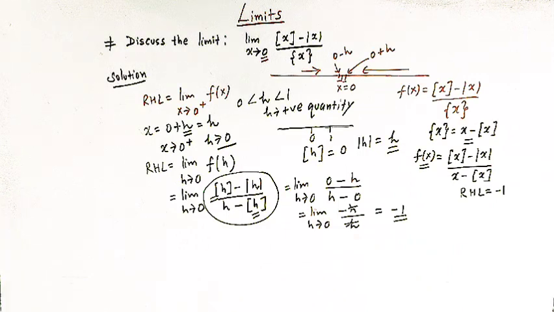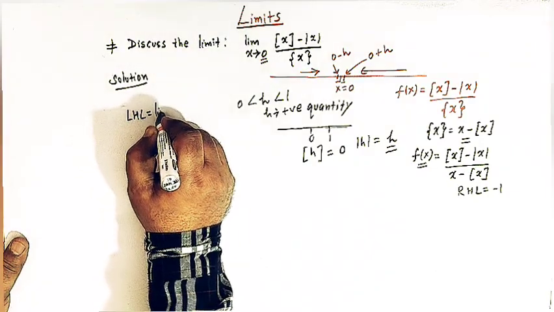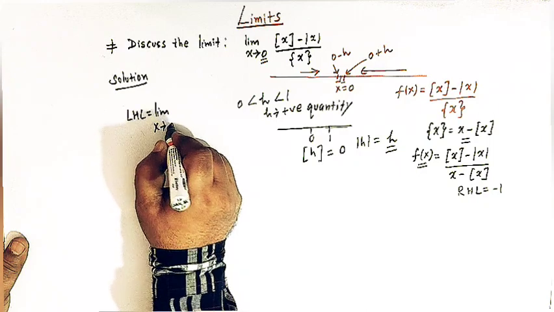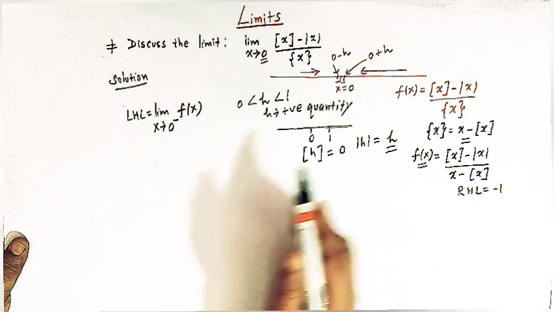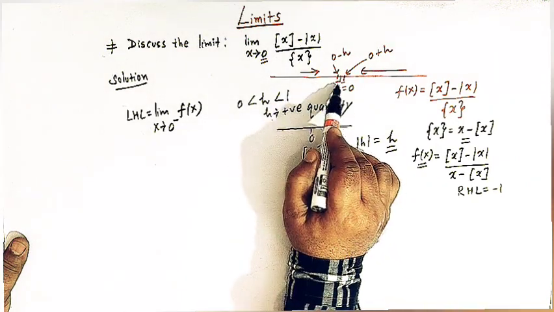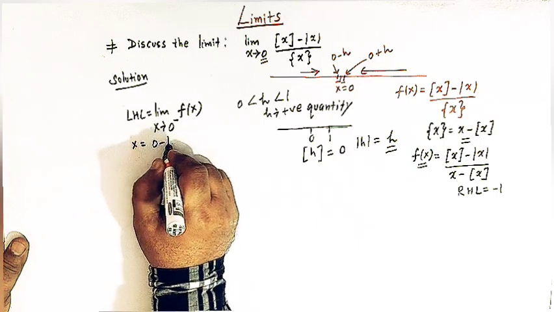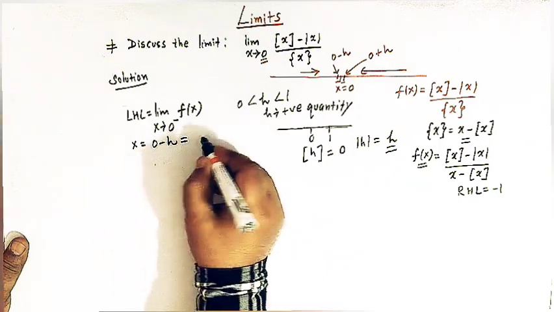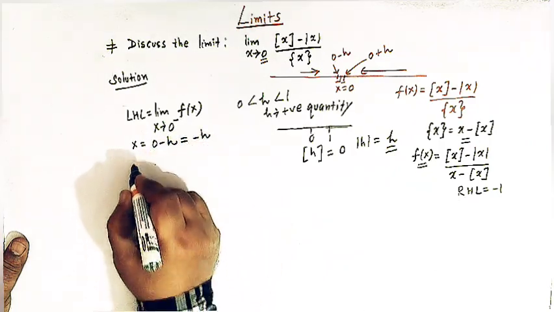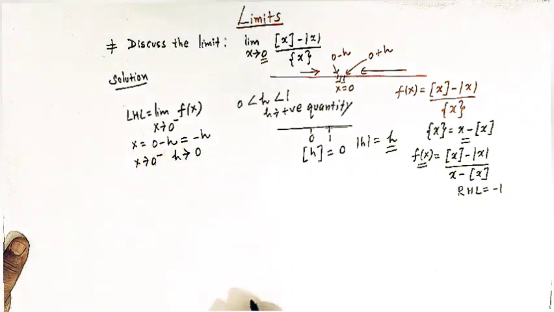Now let us calculate the left hand limit. The notation for the left hand limit is limit x tends to 0 minus f of x, right? So here we have the point in the left neighborhood, that is 0 minus h. So we'll take x is equal to 0 minus h. We'll make this substitution, x is equal to 0 minus h, that is minus h. So when x tends to 0, then obviously h tends to 0.